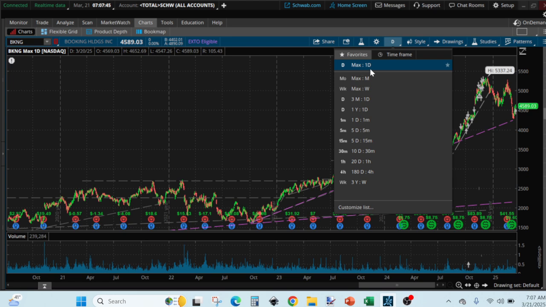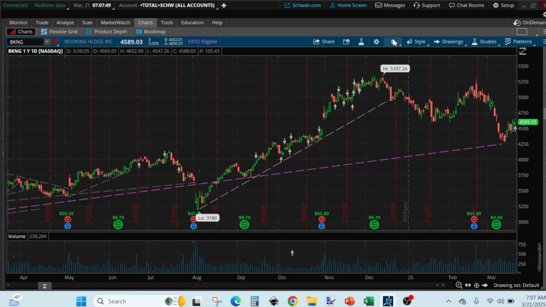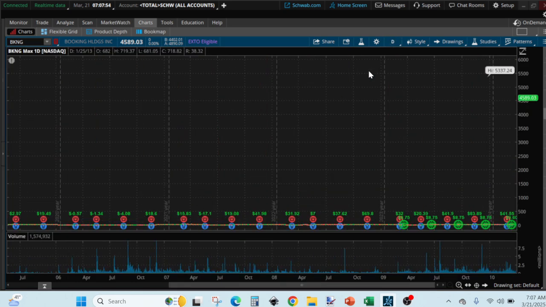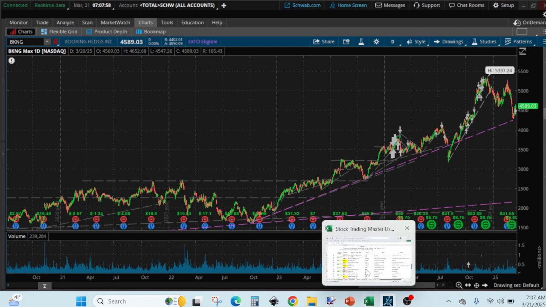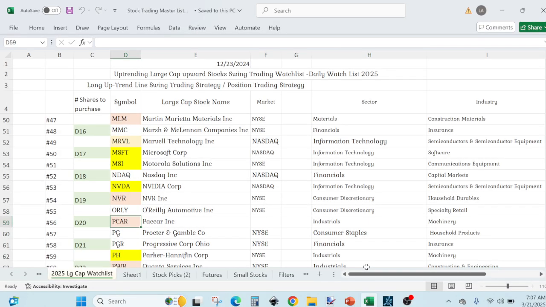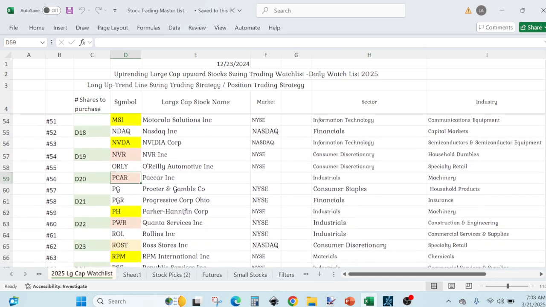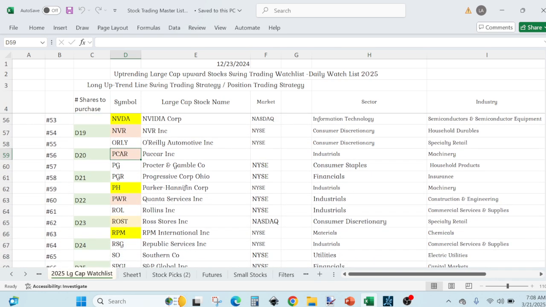It can be either the maximum daily chart or the 1 year daily chart, but we are going to use the maximum daily chart, and you will have a watch list of stocks that you handpick, filter, stocks that you can invest in long term to swing trade, and you analyze them on a daily basis.